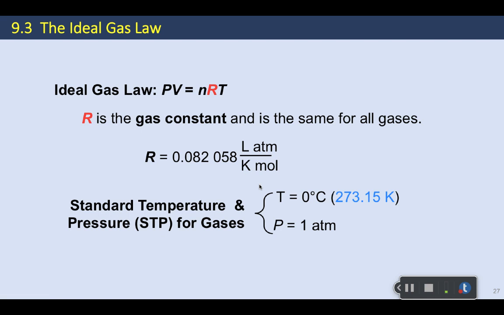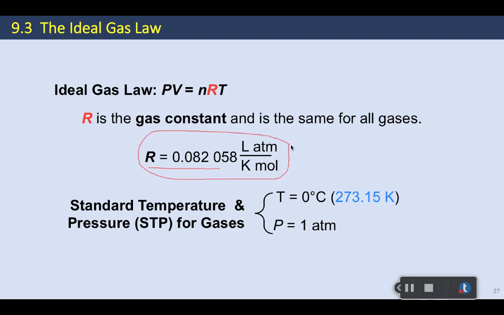The ideal gas law then is pressure times volume equals nRT, where n is moles and T is temperature. The R is the gas constant. And because it's a constant, that means it should be the same for all gases. R has a numerical value, and you're commonly going to not use quite all those digits, but there's a lot of digits for R. 0.0821 is probably sufficient if you wanted 3 sig figs, but the units are kind of exciting.